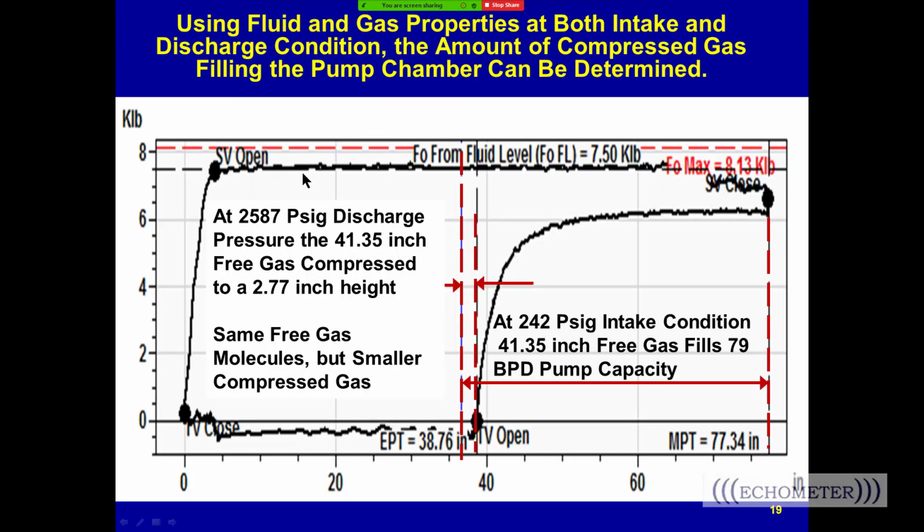And this just shows the same thing. It's showing again that this distance right here is the gas volume at the discharge pressure, and this distance from here to here is the gas volume inside the pump chamber at the intake volume. We have the same number of molecules, but it's just compressed, smaller volume because it's a higher pressure.